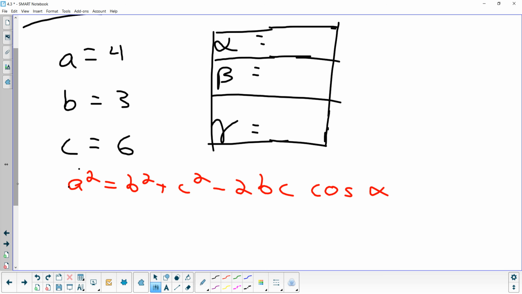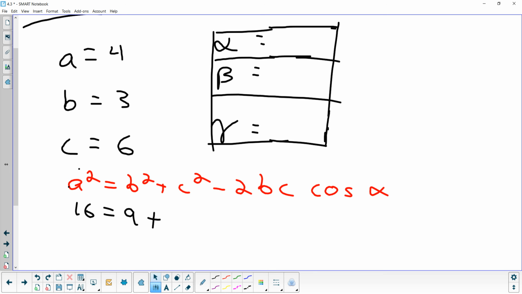So Katrina, what's a squared? 16. So 16 equals. Okay. And then what's b squared? What is b to the second power? 9 plus c squared.